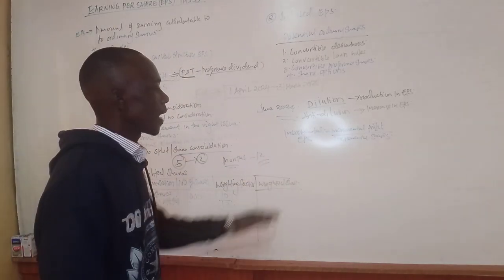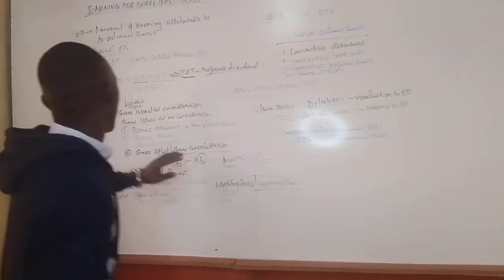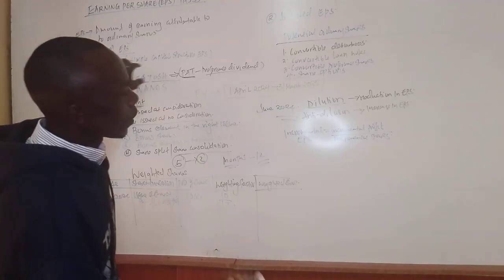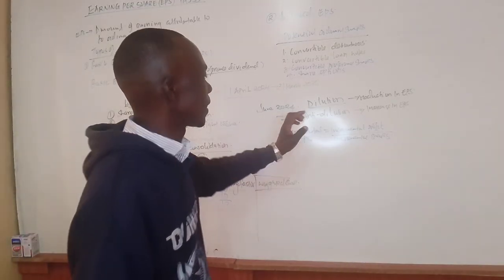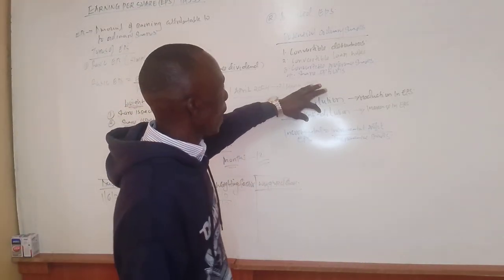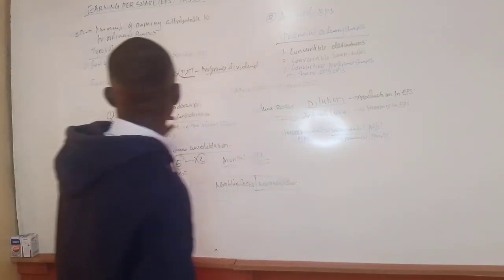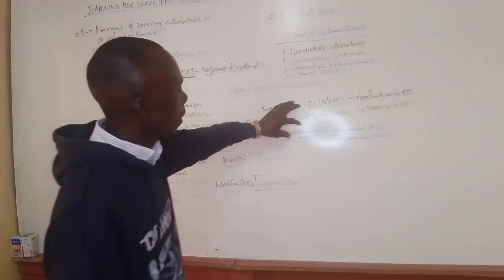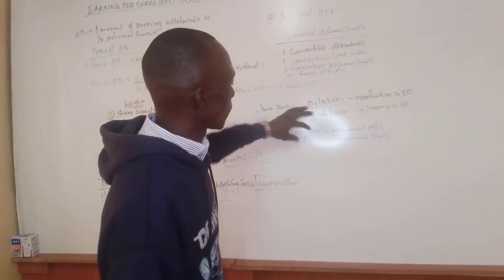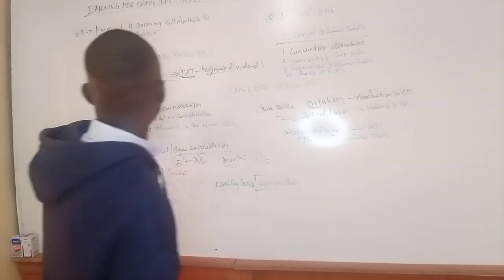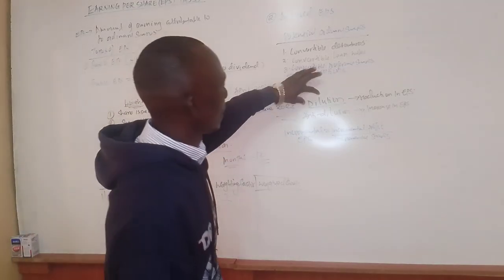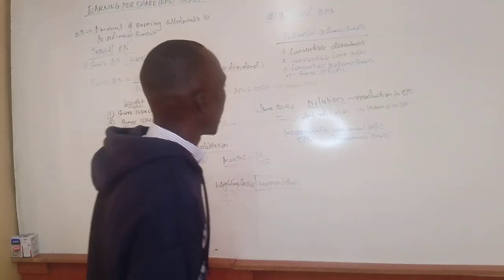If we find that our incremental EPS is more than the basic EPS computed, in this case we say that the shares are anti-diluted. If we find that the basic EPS is more than the incremental EPS, or incremental EPS is less than the basic EPS, we normally say that the shares have been diluted.